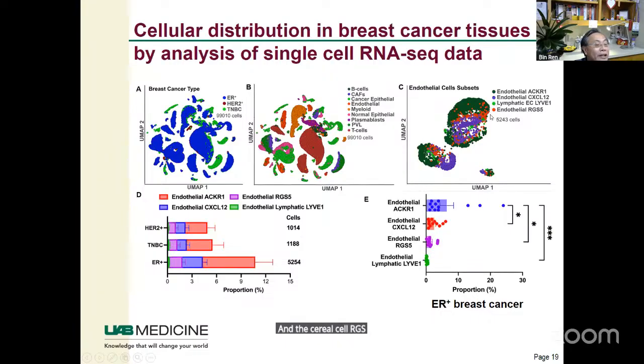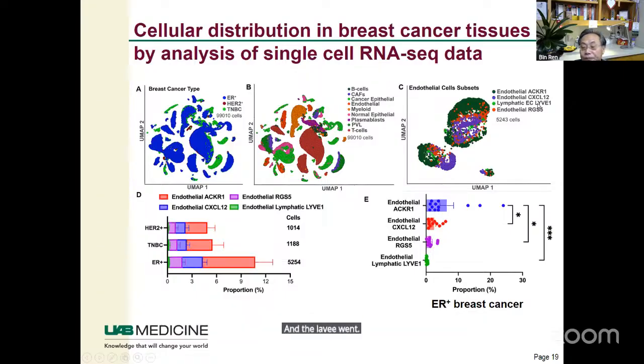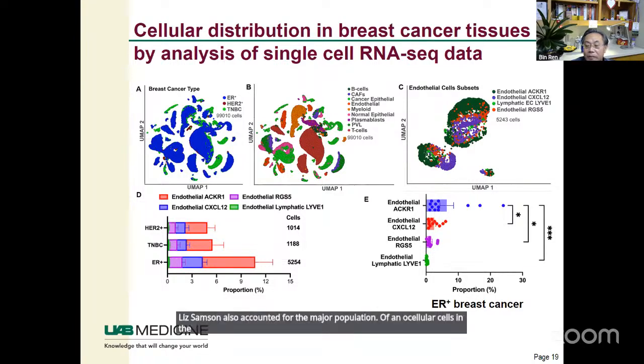We also identified a subset of lymphatic endothelial cell LYVE1. And this subset, the endothelial cell ACKR1, was the major subset in all breast cancer subtypes. This subset also accounted for the major population of endothelial cells in the estrogen-positive breast cancer.